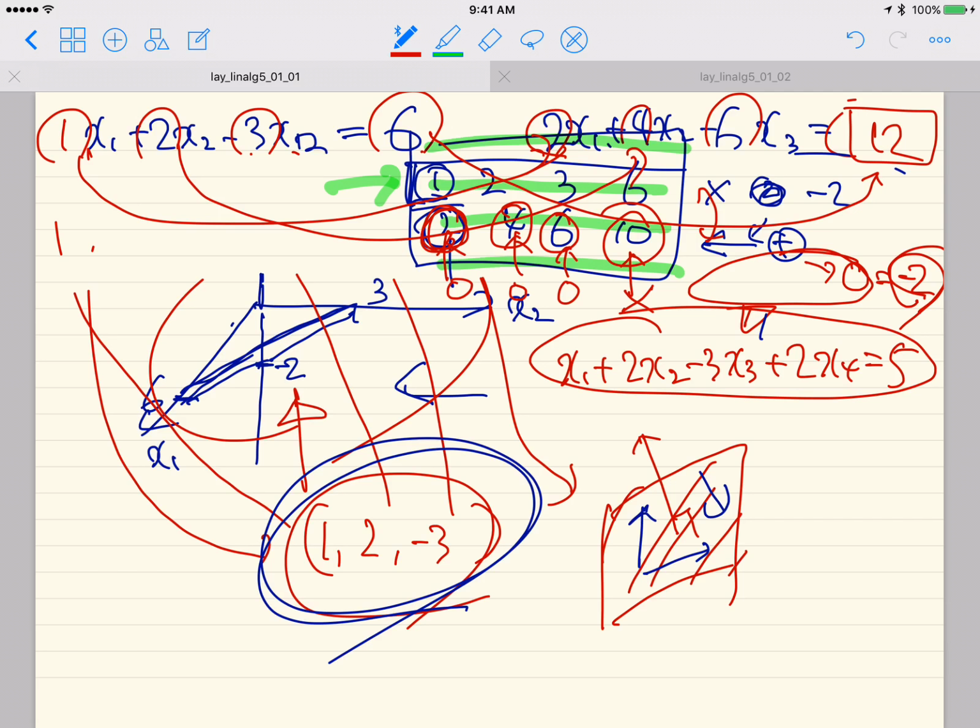But still, in this case, what will be the corresponding row when doing the row replacement on the second row or the second equation?